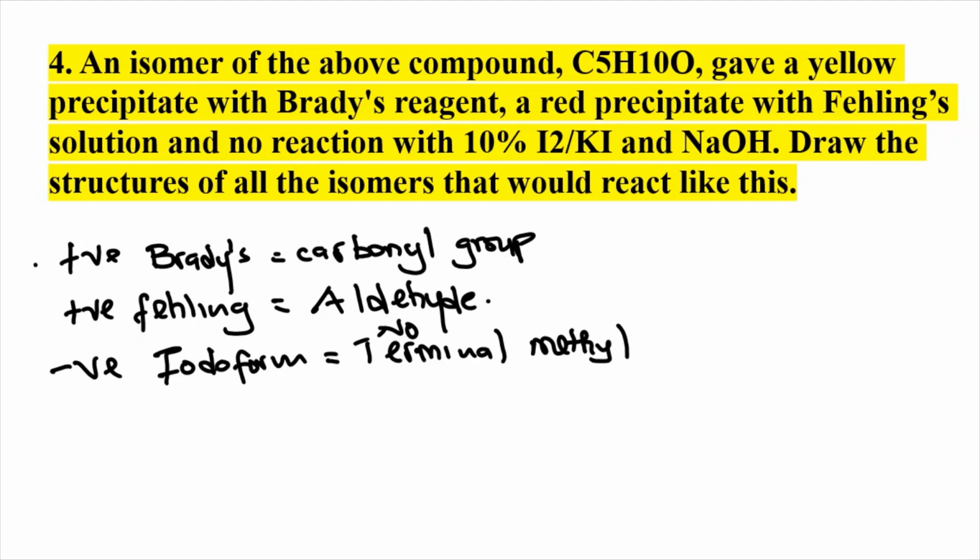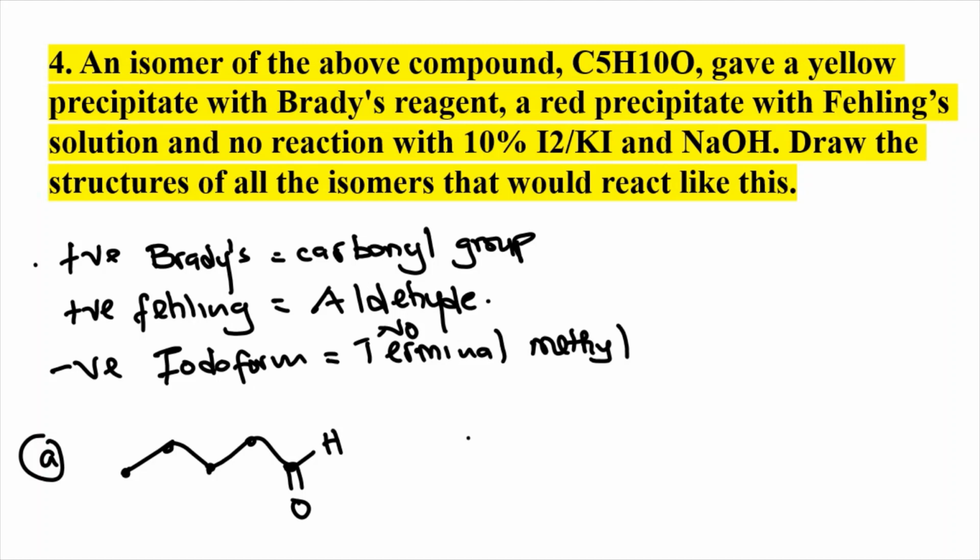So they're telling us to draw the structures of all the isomers. In order to draw the structures, the first one would be 1, 2, 3, 4, 5. So this is an aldehyde and it has 5 carbons.